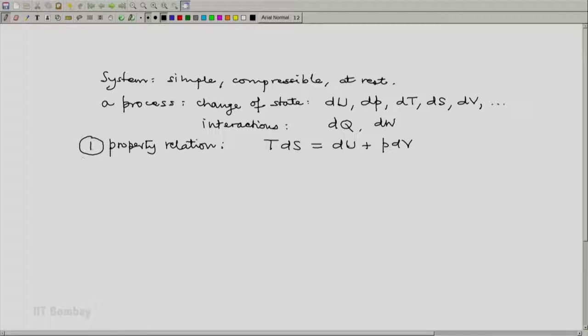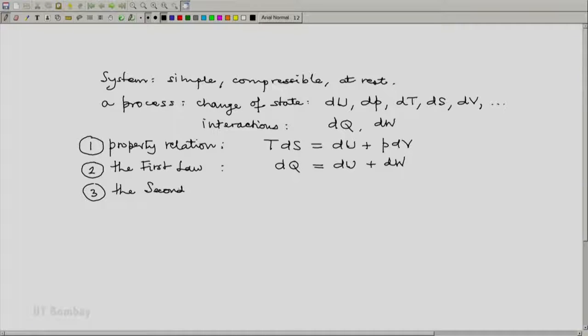The second relation is the first law. What is the first law? The first law simply says dQ equals dU plus dW. Then the third relation is the second law.